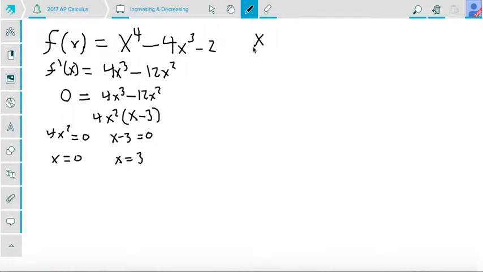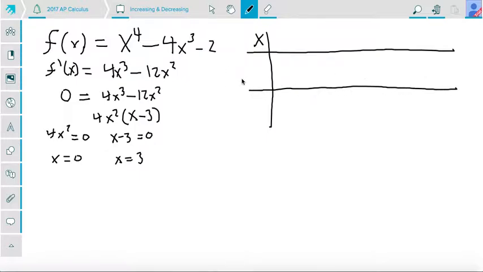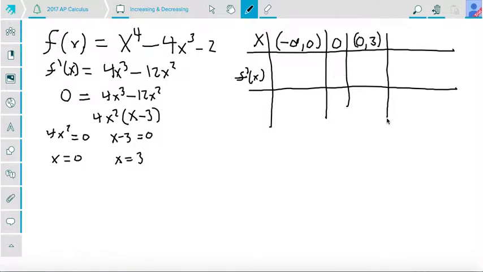So x, we'll have our f prime of x, so our derivative at a certain x value, and our intervals will be negative infinity to 0, 0, 0 to 3, 3, and lastly 3 to infinity.